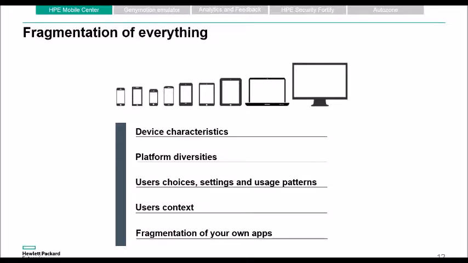And even the gestures greatly vary according to the operating system. And if you think about it, we also have to face the fragmentation of our own app. And the point here is that fragmentation complicates development, complicates testing, and it increases both cost and time to value.